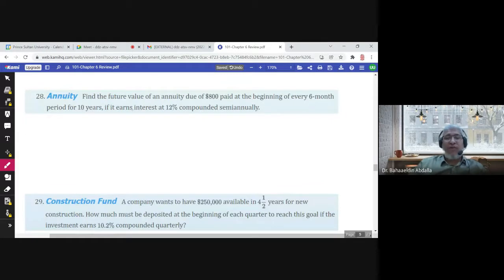Find the future value of an annuity due of 800 paid at the beginning of every 6 months. So this is R twice a year, 10 years, so N is 20, interest rate 12, so I is 0.12 over twice a year, 0.06.